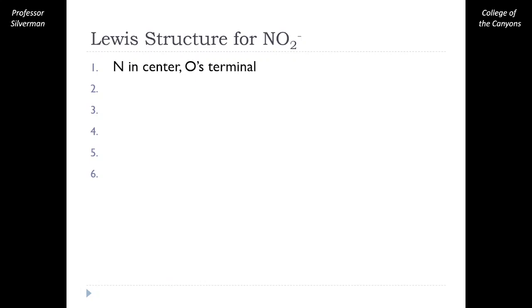A second example, we have NO2-. This is our friend nitrite. We can start by counting up the valence electrons in our atoms. From the periodic table, oxygen comes with 6 electrons, nitrogen comes with 5 electrons, oxygen comes with 6 electrons.